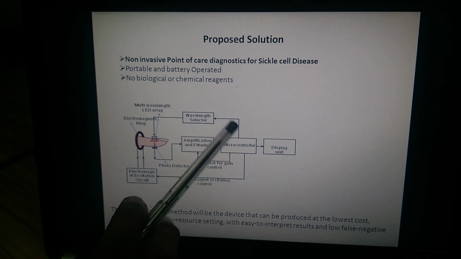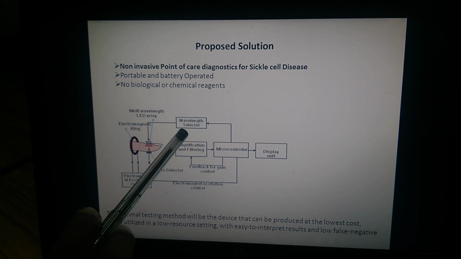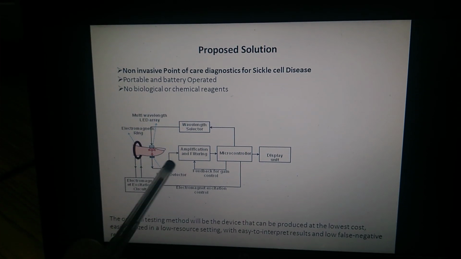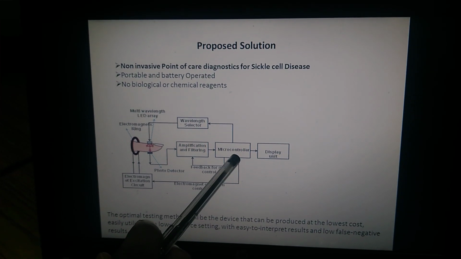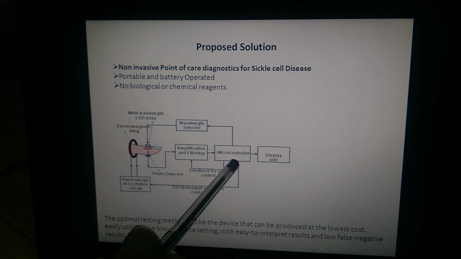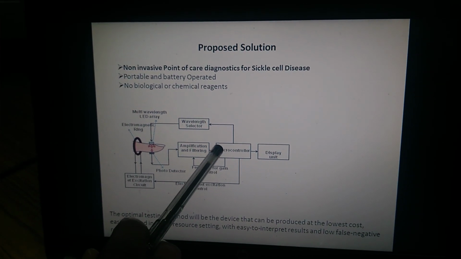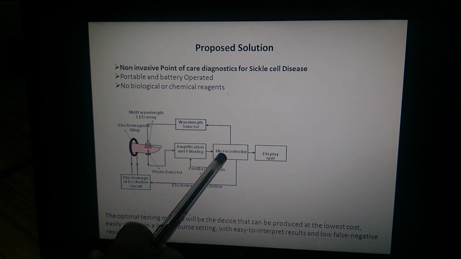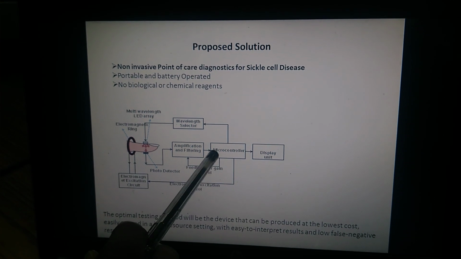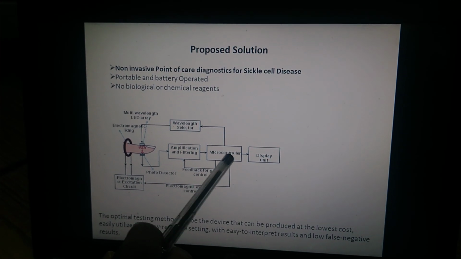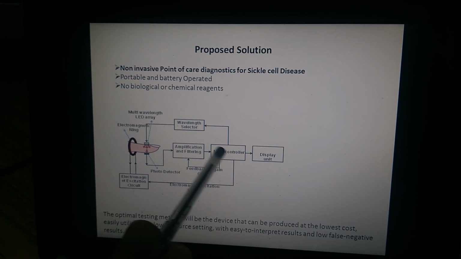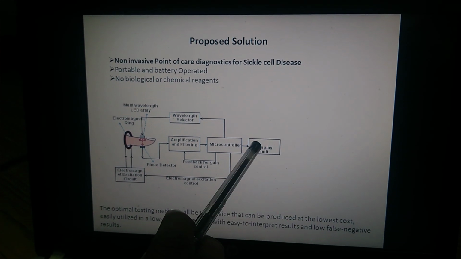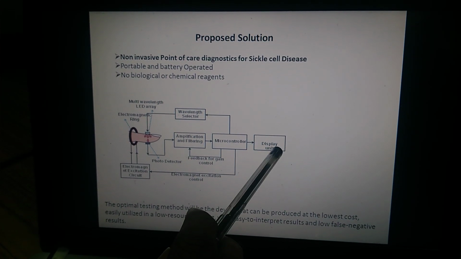The microcontroller selects the wavelength, takes the absorptions at different wavelengths, calculates the ratio, and based on the calculated ratio says whether the person is normal or sickle cell.